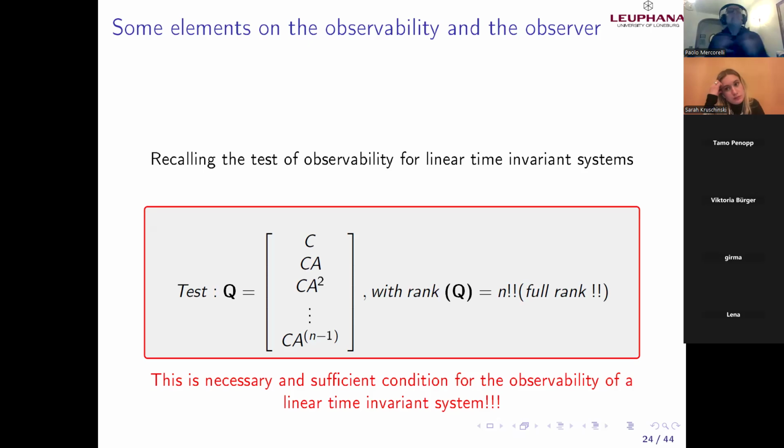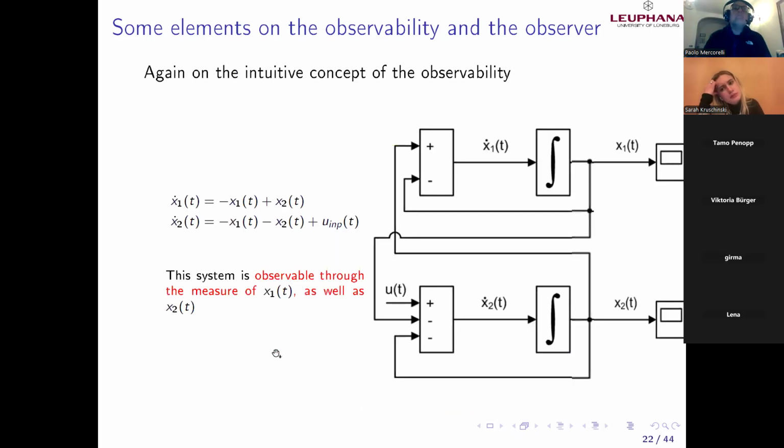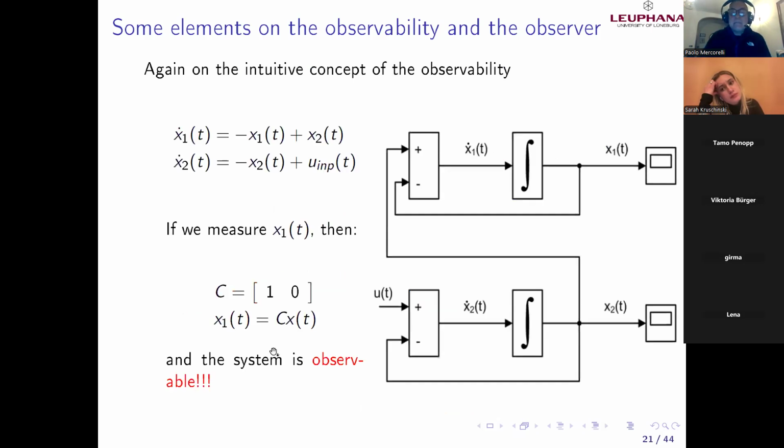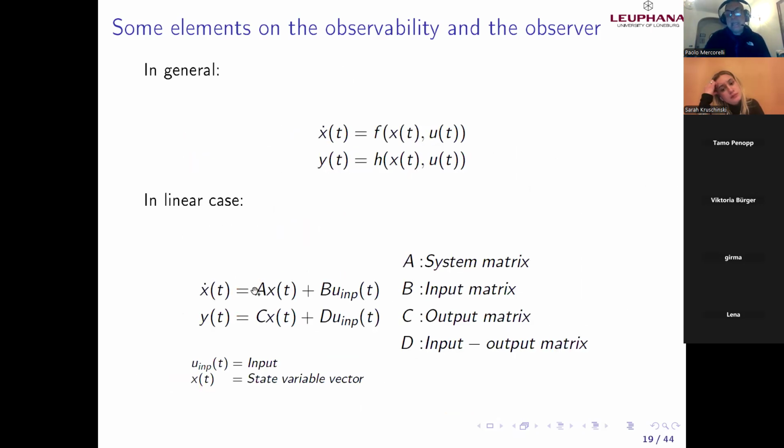The linearity is given by the separability. I can separate the effect of the state in my output, x derivative for instance, from the effect of the input. This is the linearity.